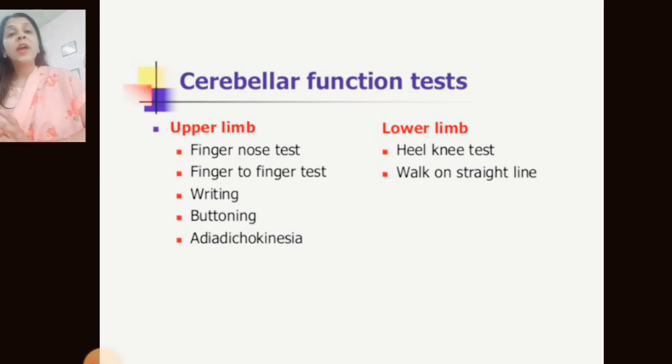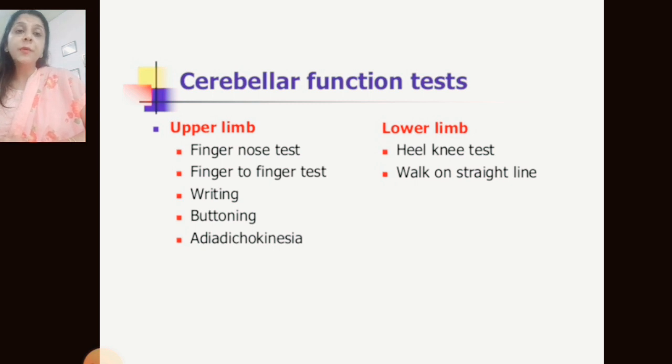So why do we study the basic functional anatomy and functions of the cerebellum? Because whenever there is pathology inside the cerebellum, we must know the cause and how to improve it to maintain coordinated action. So before the functional test, we must know the function of the cerebellum, which we learnt in the last sessions.